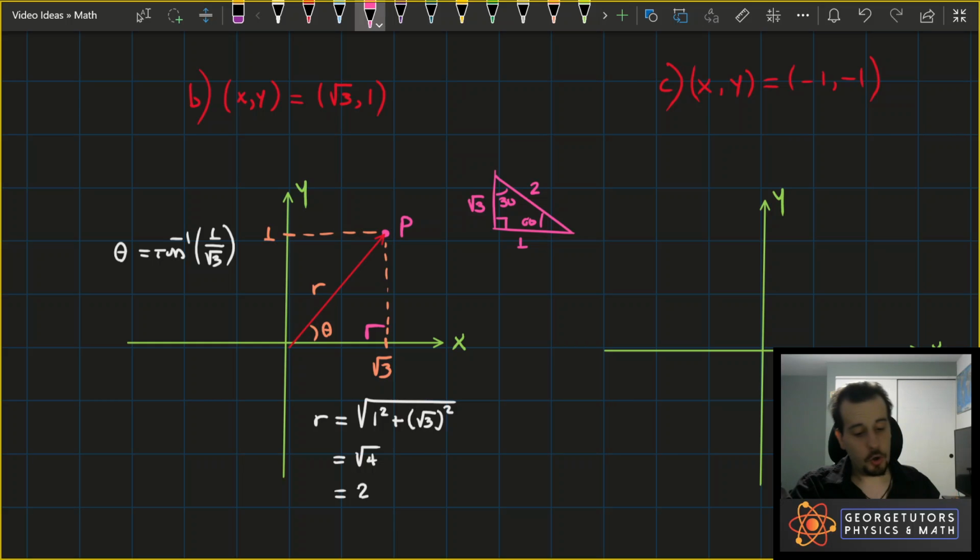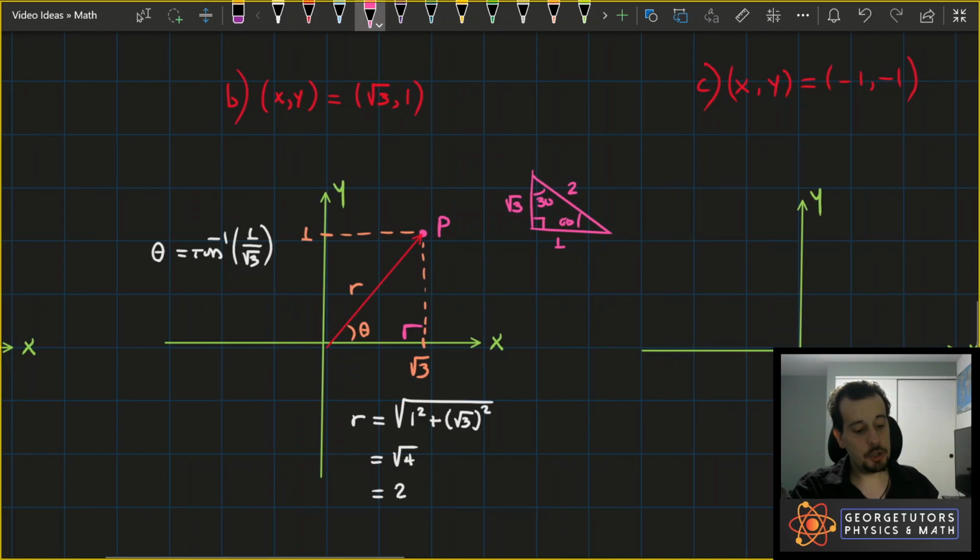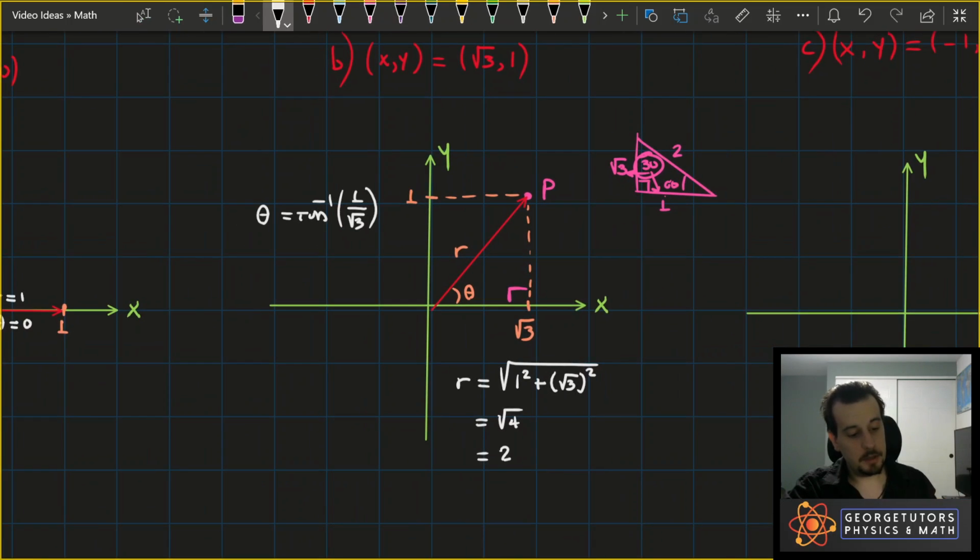So if we have a tangent of 1 over root 3, it means again that the opposite side is 1 and the adjacent side is root 3. The angle that has these in our special triangle, opposite of 1 over adjacent of root 3, is our 30-degree angle. So this ends up giving us, specifically here, pi over 6.